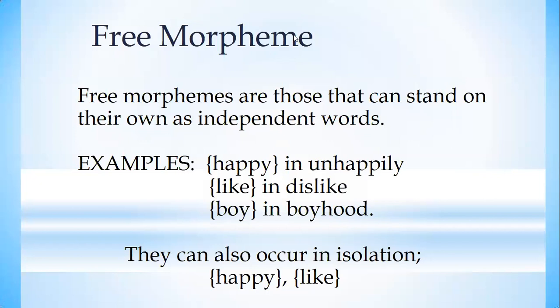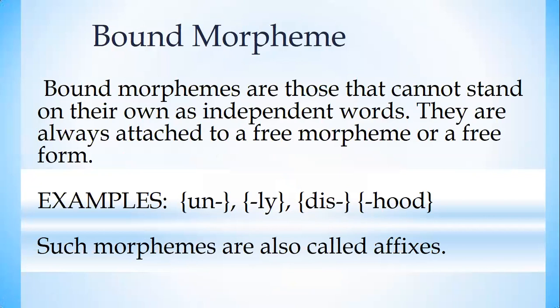Okay, next we have the bound morpheme. So what is a bound morpheme? Those are morphemes that cannot stand alone. This is the opposite of the free morpheme. They cannot stand on their own as independent words. They are always attached to a free morpheme or form. So in order for them to stand, you need to add suffixes or prefixes.